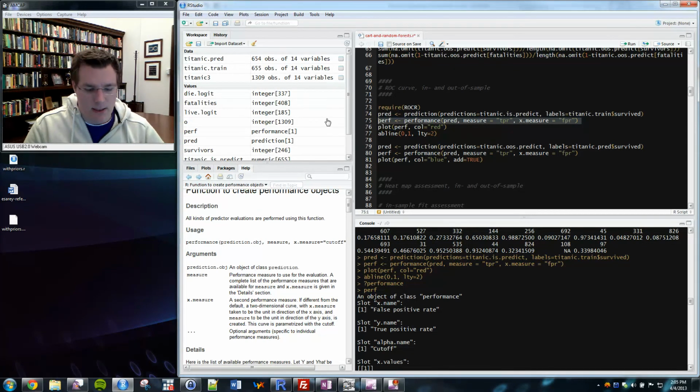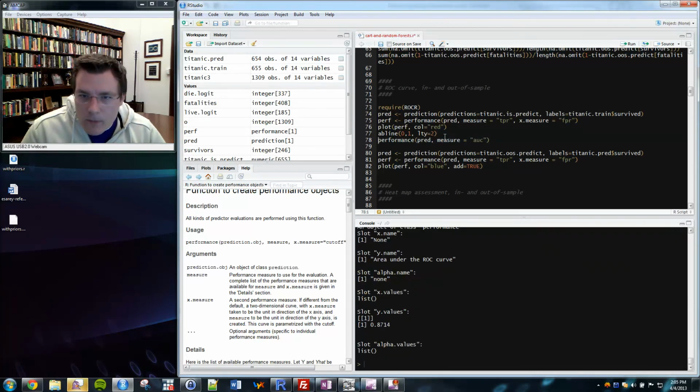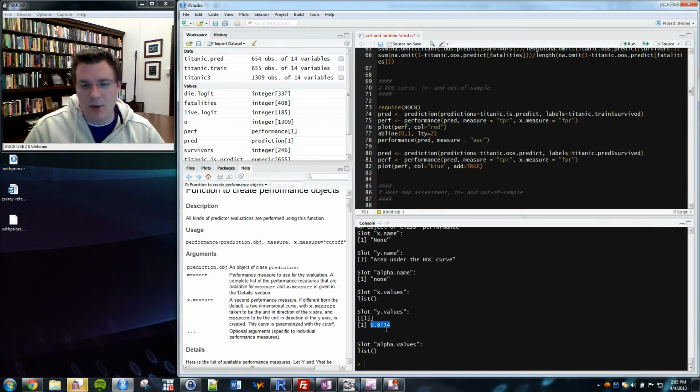So I say I want the AUC, like so. And there it is. The area under the curve is 0.8714.